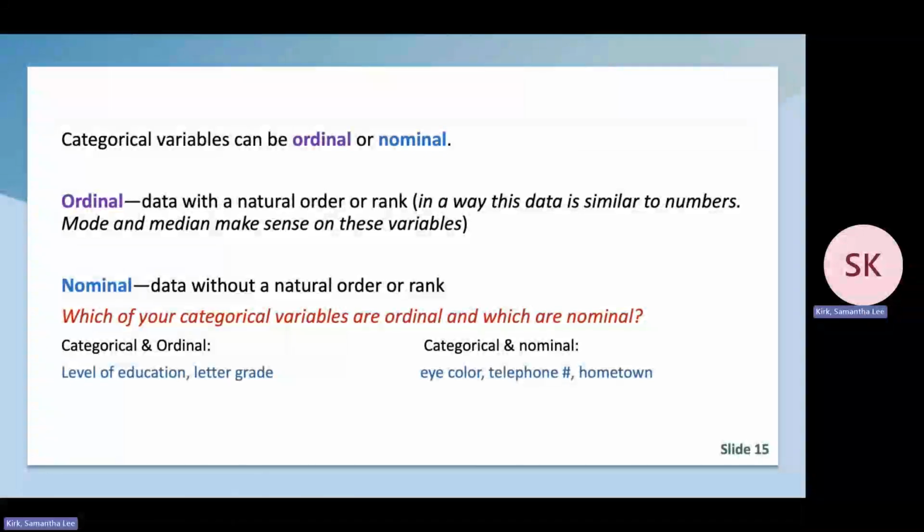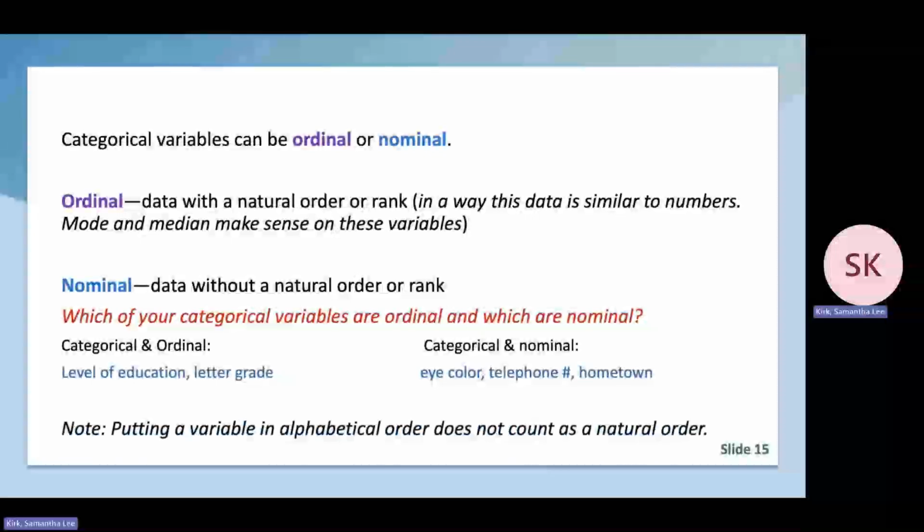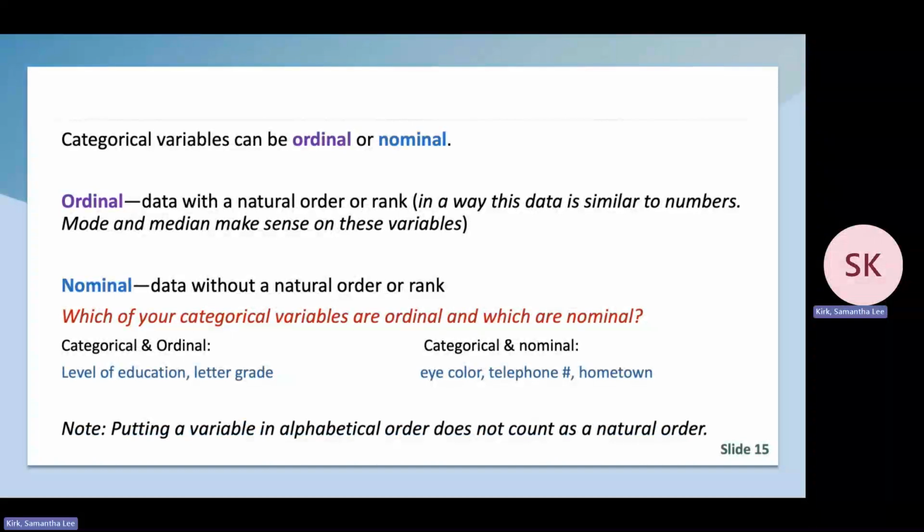Another example would be people who have a cold. The level of symptoms like mild, moderate, severe, that would be something with a natural order, and that would be ordinal. I want to make a note that putting a variable in alphabetical order does not count as a natural order, okay? Sometimes students get that confused with ordinal categorical variables.